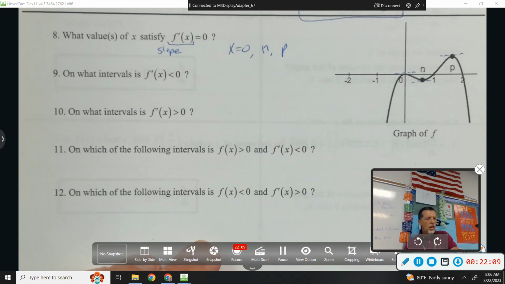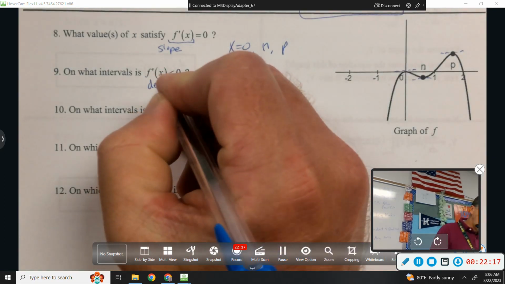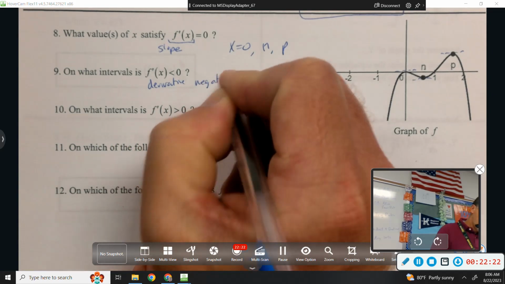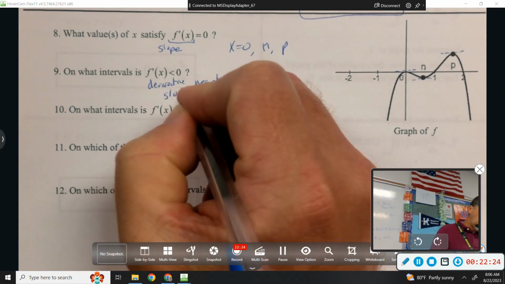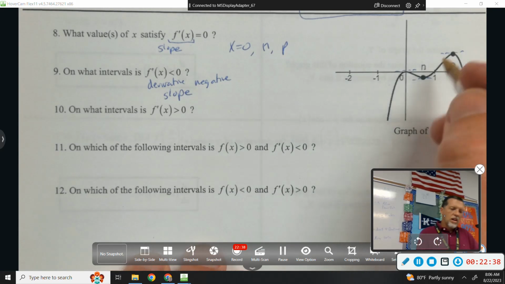On what intervals is f prime negative? On what intervals is the derivative negative? Well, derivative, same thing as slope. So we could just ask, on what intervals is the slope negative? So what's an interval where the slope is negative? Between n and p?